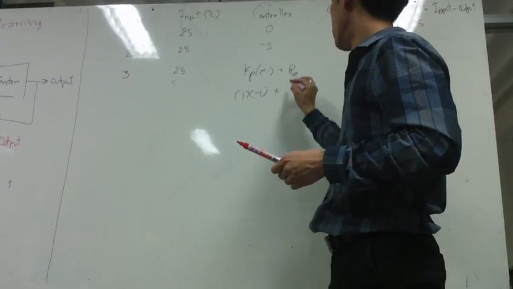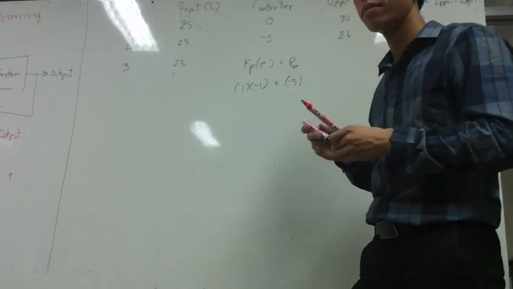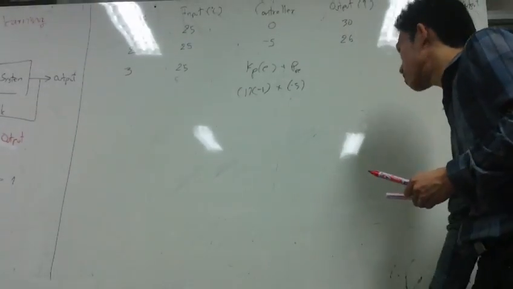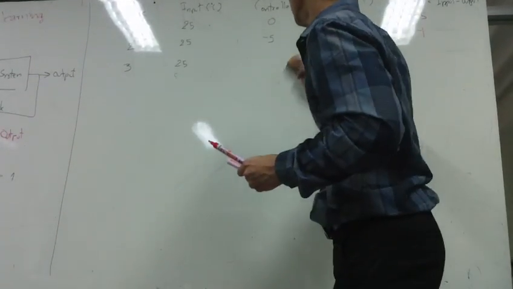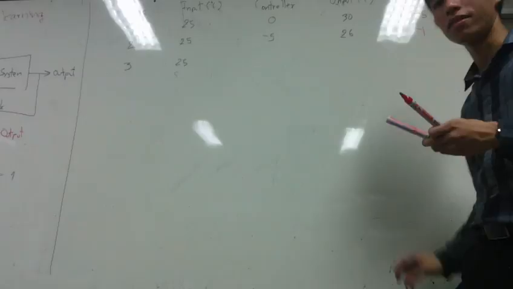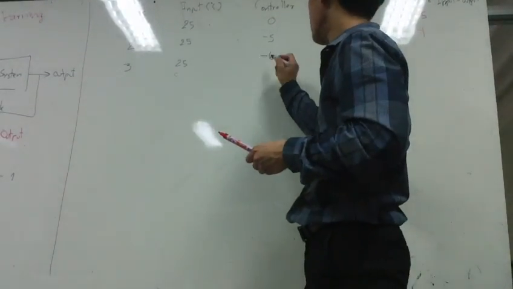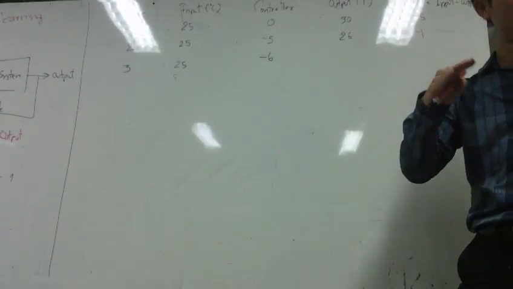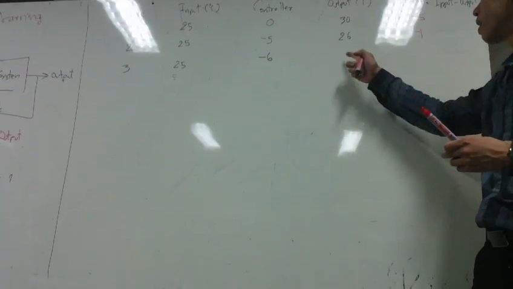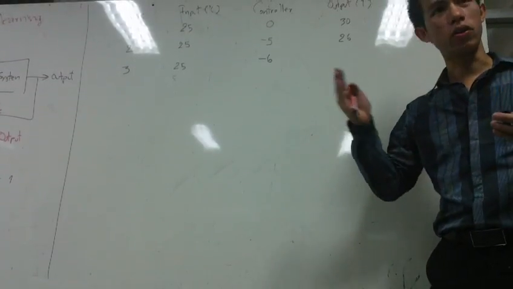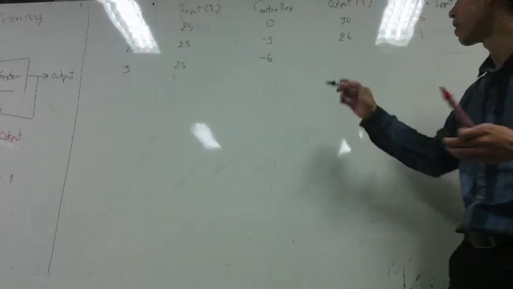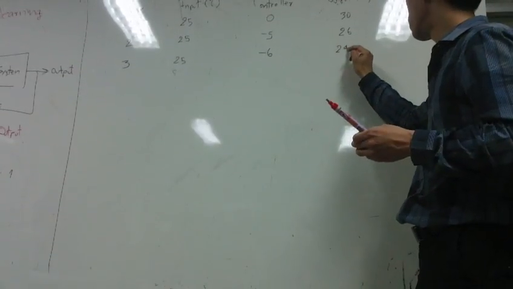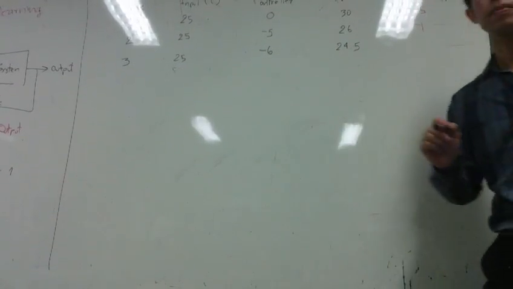Plus previous value is -5. So what does it say? -6. So it lowers the temperature down a little bit more. Let's assume that it goes too much.